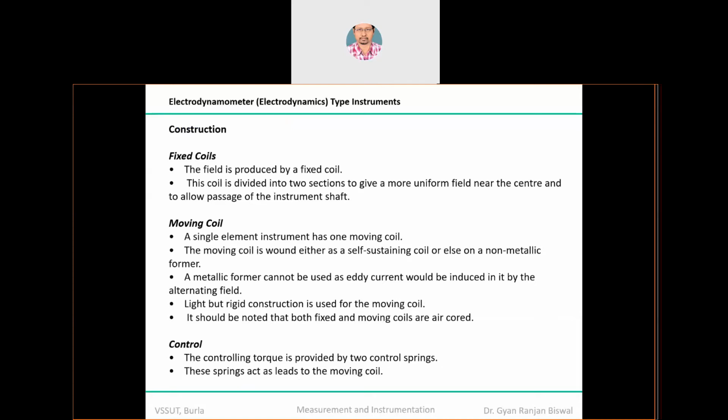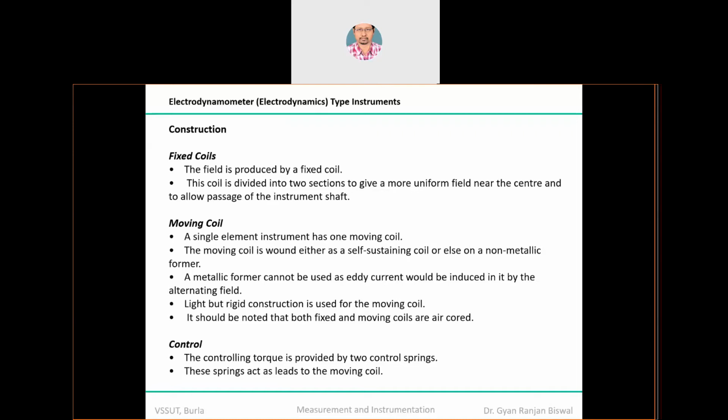It must also be noted that the control torque is provided by the two springs, using which that particular pointer is mounted.